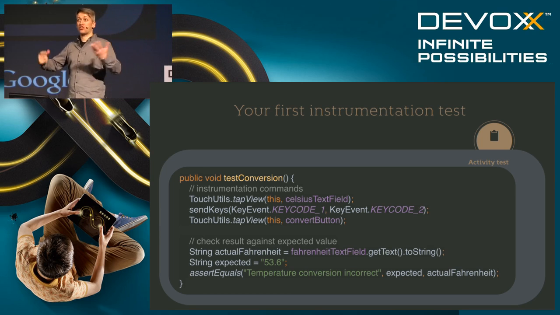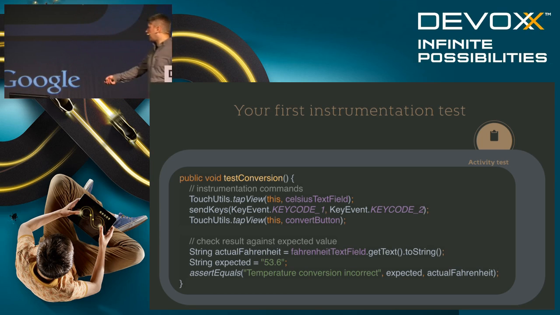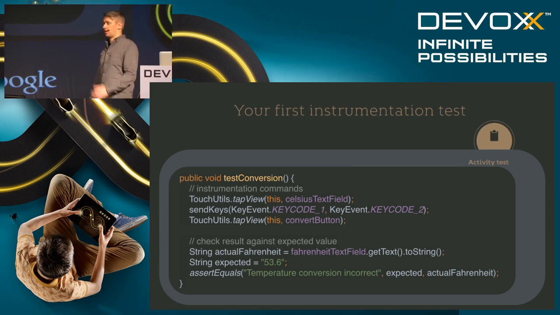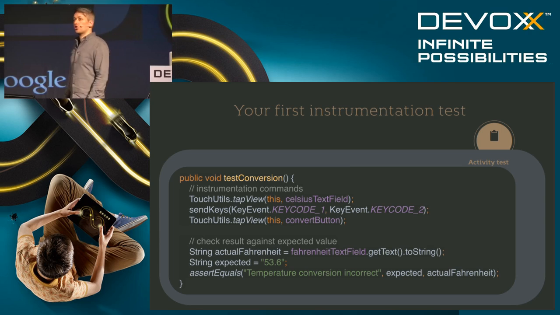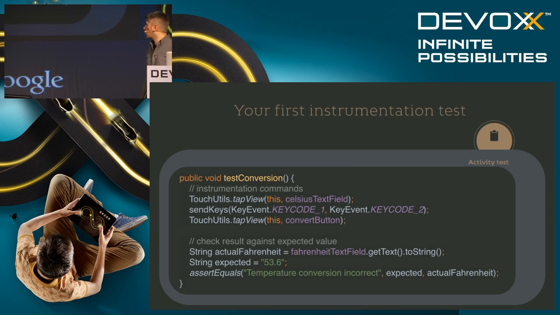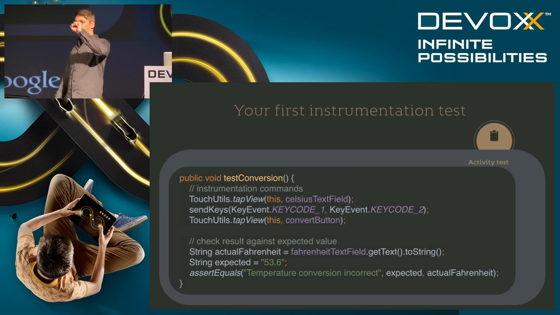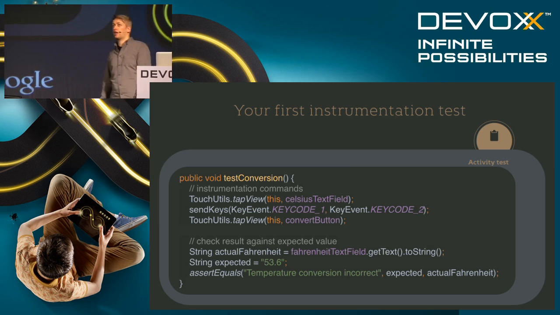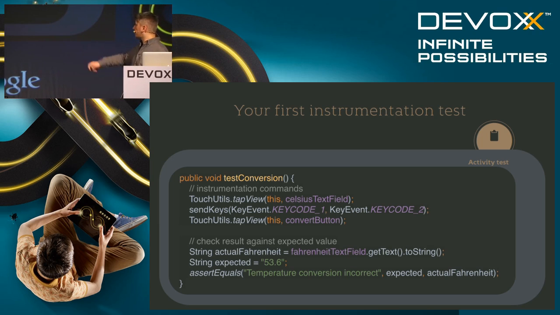So that should do some things. And then, of course, I will check whether the application is behaving right. So I'm doing that here. I am checking what is the result of my computation. So I'm grabbing it from the Fahrenheit output field.